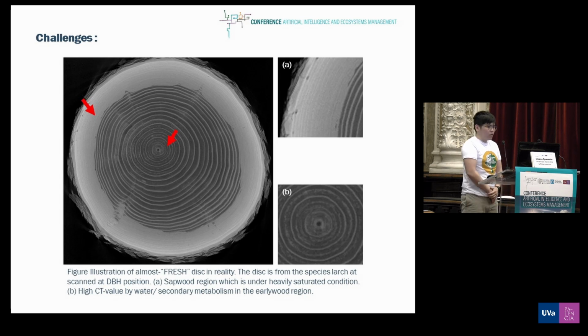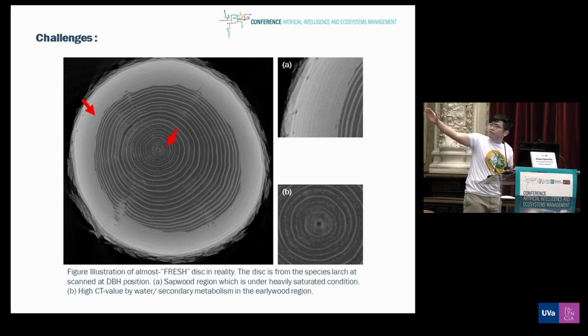So now our problem has 2 parts. One is that if the rings are located in the sapwood region, they are strongly blurred. We can still see the pattern if you zoom in really closely, and within those noises you can see how the rings go, if you do it really carefully. Also, inside the heartwood, there are secondary metabolites stored in the early wood, and there are also some tracheids, the tubes with water inside.